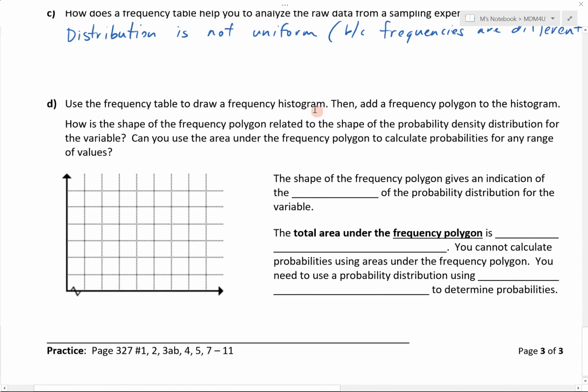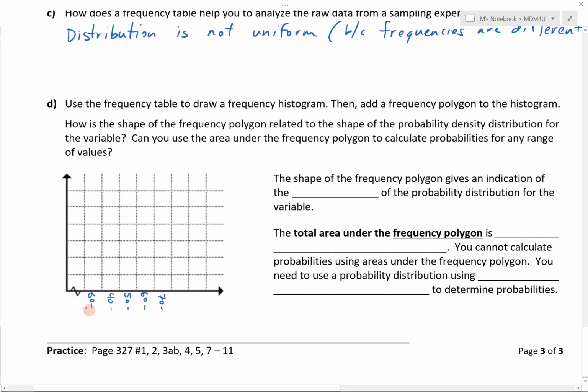So use the frequency table to draw the frequency histogram. So the histogram is just basically our distribution. What's our distribution going to look like? So I'm going to just write down the bins here on the side. So we have 30 to 40, 40 to 50, 50 to 60, 60 to 70, 70 to... I should be rewriting this properly, actually. If I'm going to be including the endpoints, I would make sure they start from the next one.